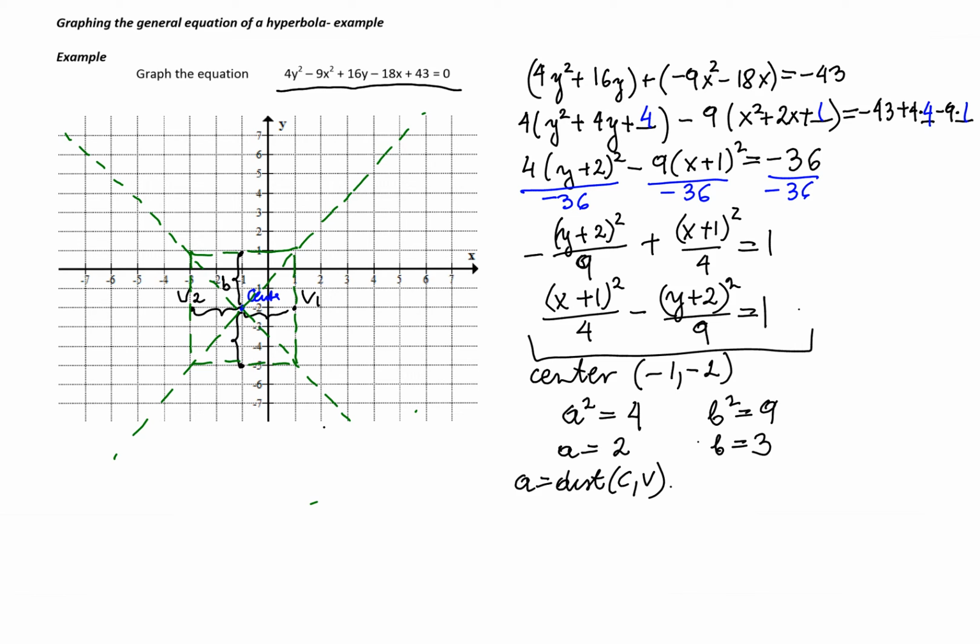Once we have the asymptotes, we are ready to draw the hyperbola. Start with the vertex and go in the direction of the asymptote to the top and to the bottom as well. And we'll repeat this on the other side, starting with the vertex, go toward the asymptotes to the top and to the bottom.